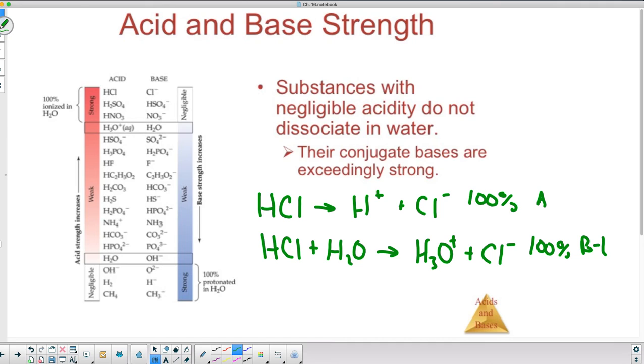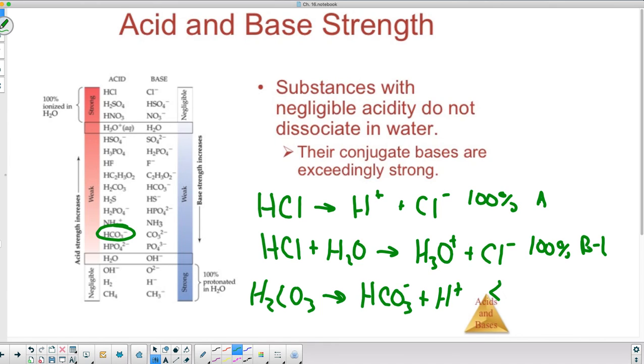So if it's not a strong acid, if it's a weak acid, then it tends not to dissociate in water very well at all. Even weak acids such as carbonic acid does something like this less than 1% of the time.